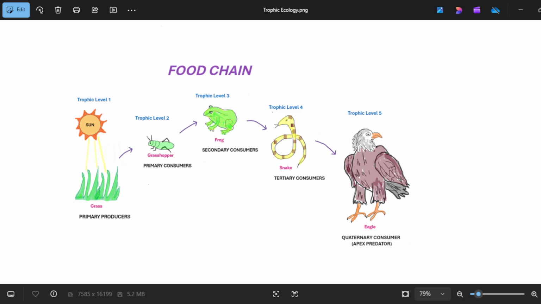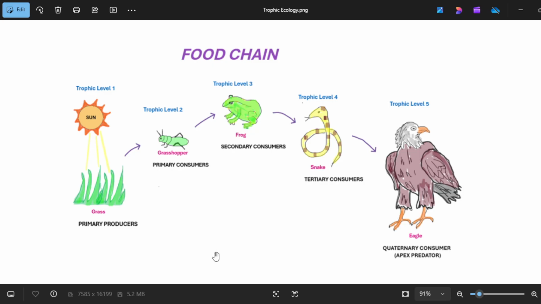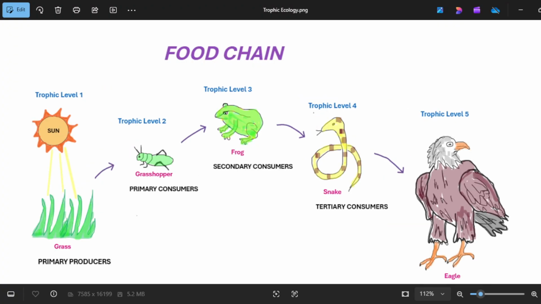Next is the food chain. Okay. Now, if you look at the food chain, it is a linear sequence which simply shows which organism eats which other organism, as well as how the energy is transferred from one organism to the next organism in the food chain.